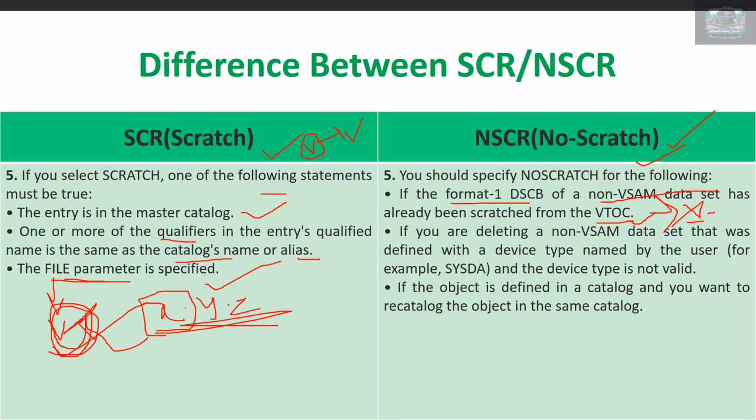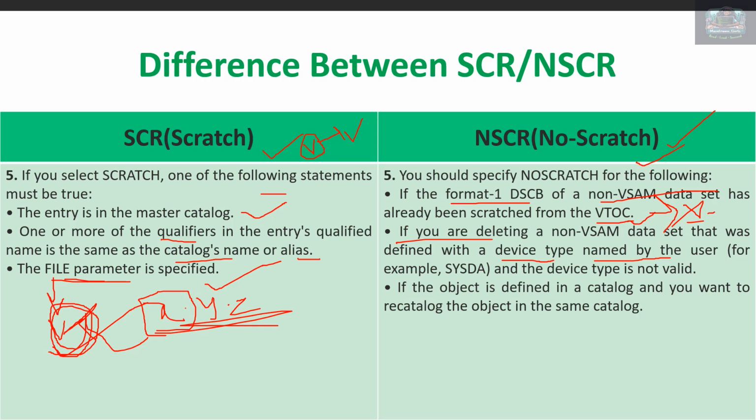If you are deleting a non-VSAM dataset that was defined with a device type, there are some device types, like SYSDA, 3390. These are the DASD types, the disks on which the dataset has to be saved, named by a user. For example, SYSDA, and the device type is not valid.